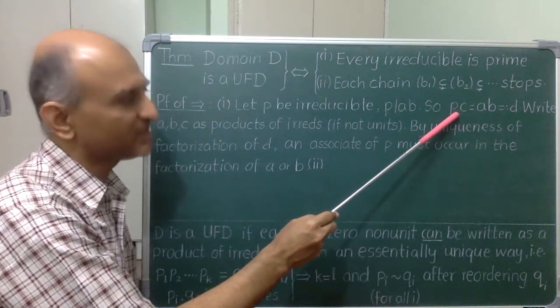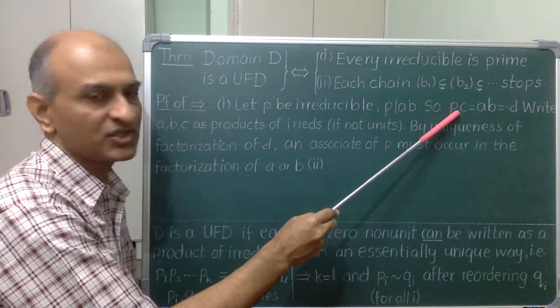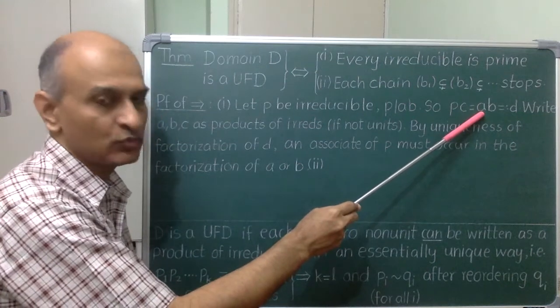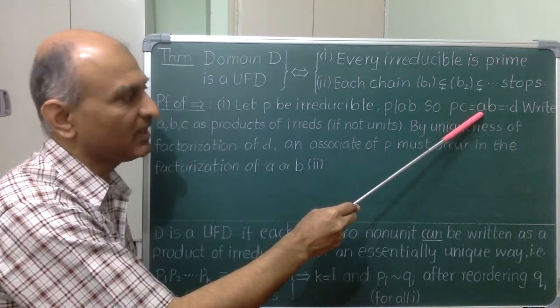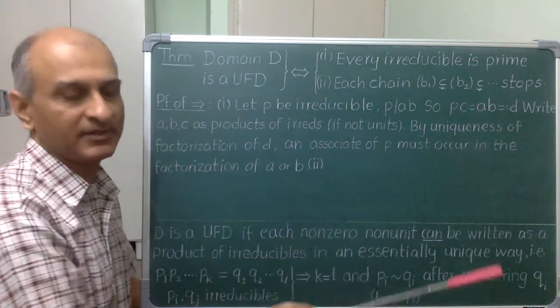But P occurs visibly as an irreducible element of the factorization of the left hand side. So it must occur on the right hand side also up to some associate, and therefore it must be part of A or part of B, and I am done.